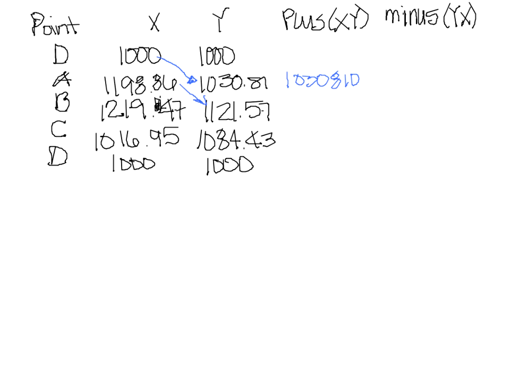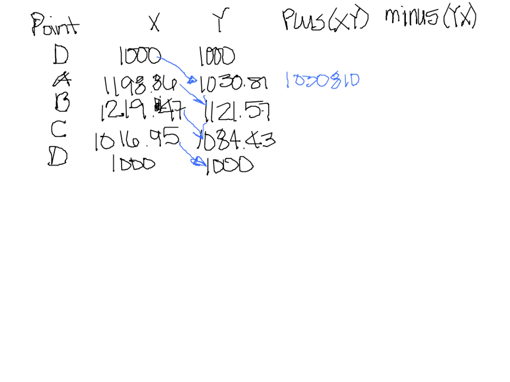You're going to take 1198.86, multiply it times 1121.57, 1219 times 1084, and 1016.95 times 1,000.